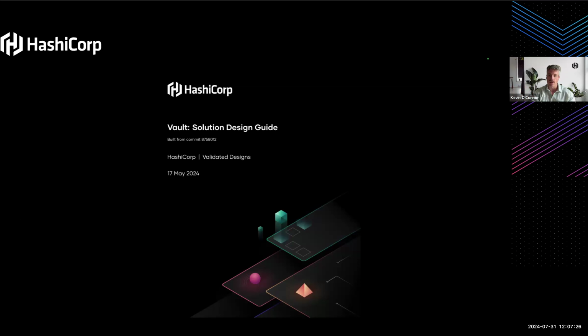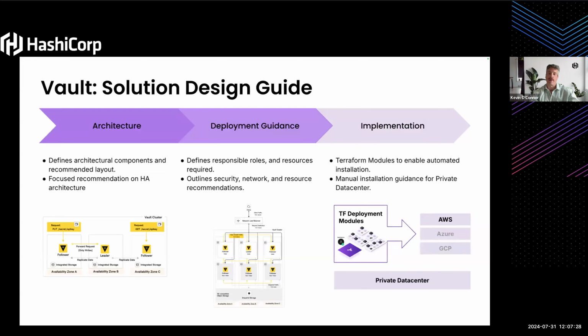But taking a look inside, what is it all about, right? This is basically the kind of guide that you may expect from a services or implementation team, right? Where we're providing clear definitions on the various architectural components of Vault Enterprise and the various deployment architectures that are available, really focusing on the preferred deployment architecture with high availability, right?